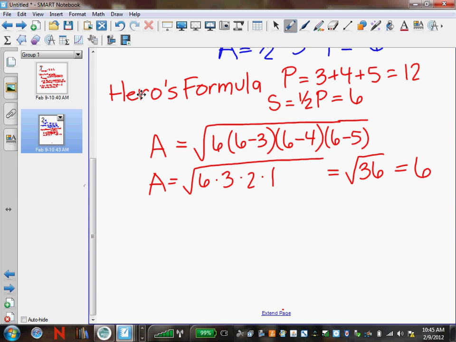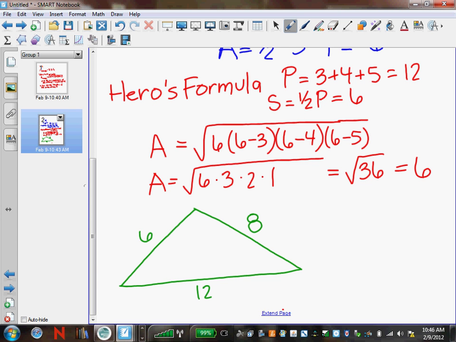So, for example, if we have a triangle that's not necessarily a right triangle, let's say one length is 12, one length is 6, and let's make the other length 8.